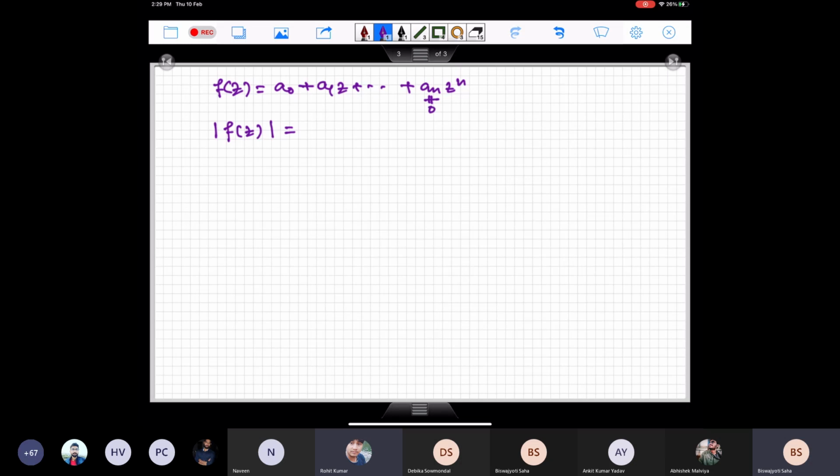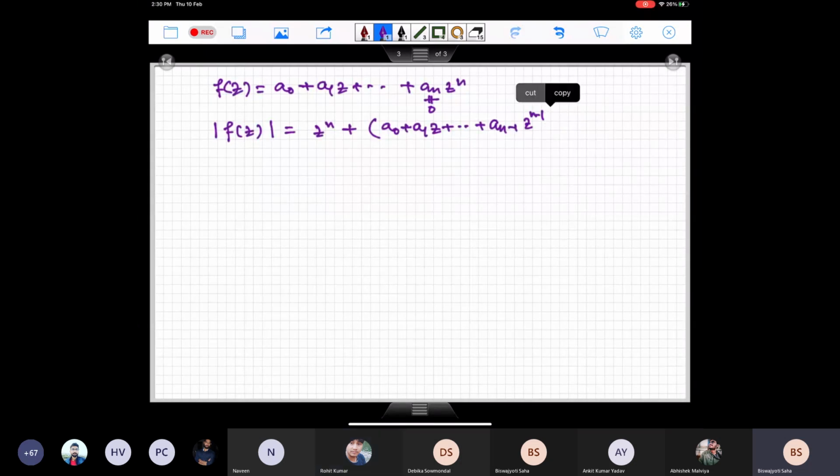So effectively, what is to be done is that you take one part of this. I can separate z power n and keep the other things, a naught plus a1 z plus and so on, up to an minus 1 z power n minus 1.